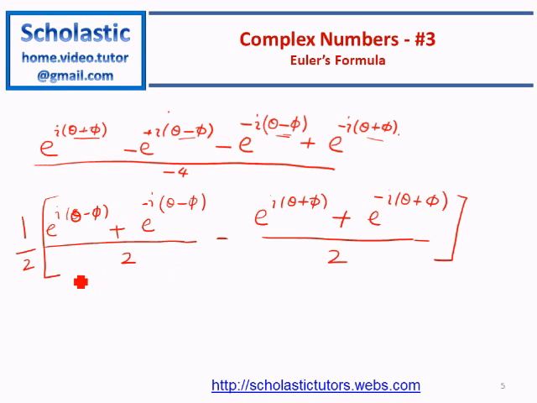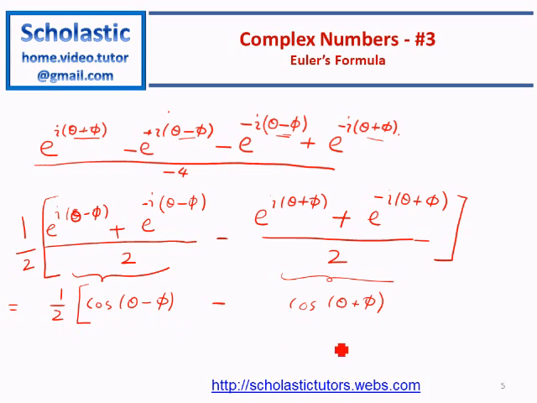So when you look at this one, this is actually the cos term, cos theta minus phi, and this one is called cos theta plus phi. So that's what we need to prove. That is negative of that, and there's a half here, half times cos theta minus phi minus cos theta plus phi.